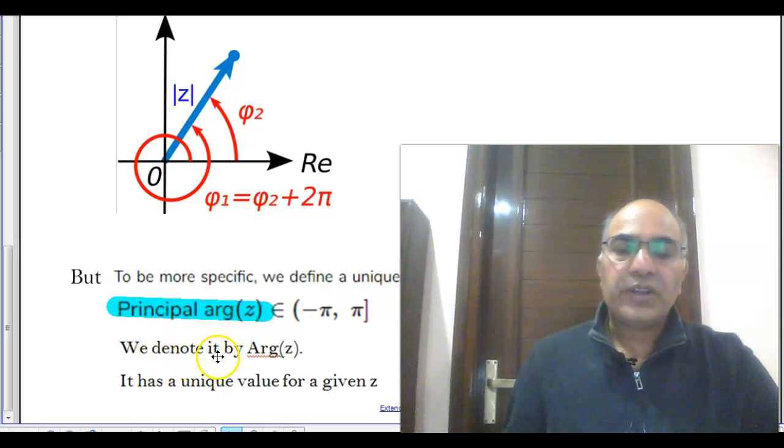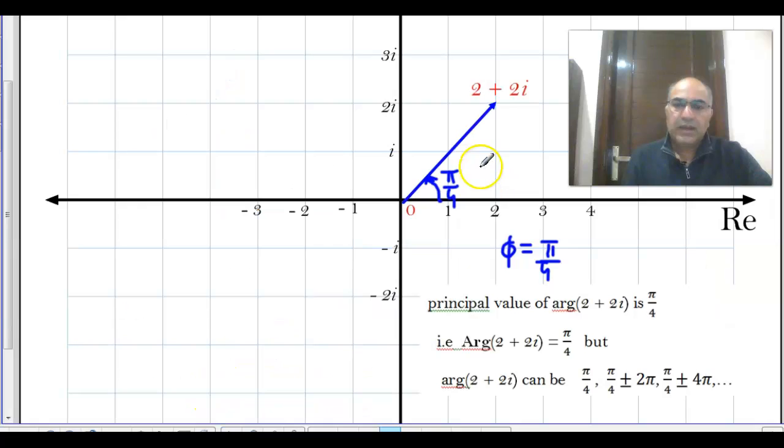We denote this principal value by capital A R G of z. This principal value is unique for a given z. Let us take the example of 2 plus 2 iota. Its principal value we have discussed is pi by 4.